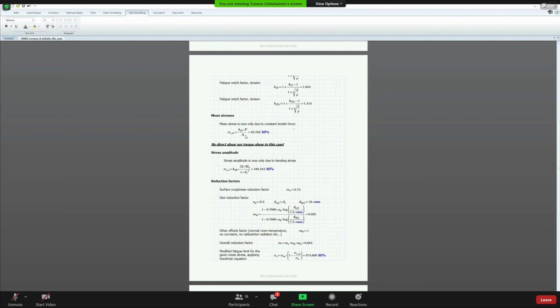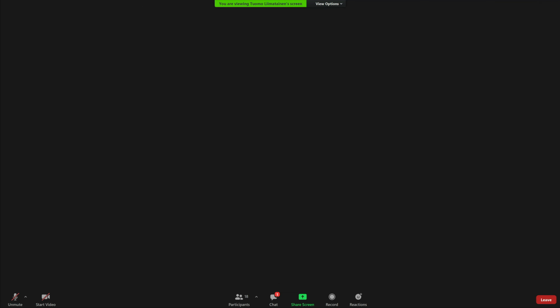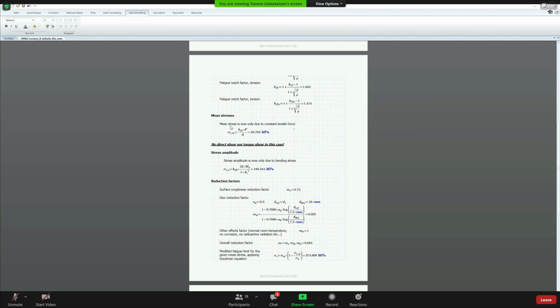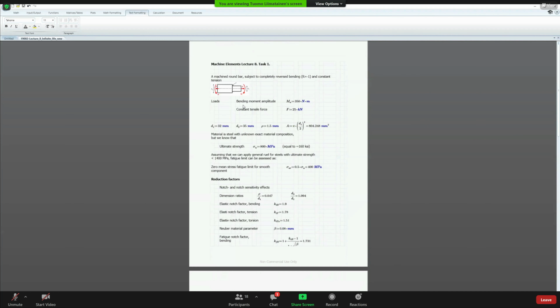And when it's fully reversed, it means that the mean stress for that is zero. So it compensates itself, more or less, you could say. And that is the common case for rotating machinery. In this case, I didn't say that it's from a rotating machine, but it could be.